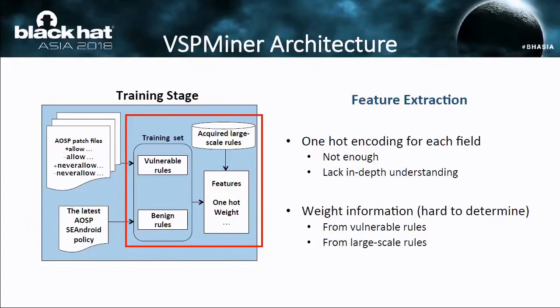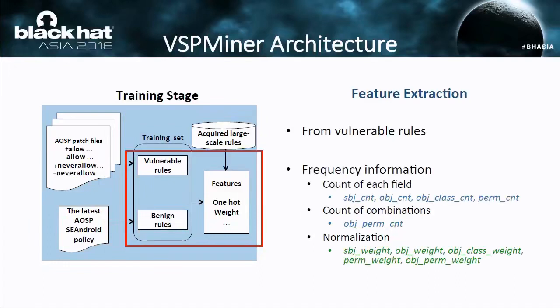Such weight information we acquire from both the vulnerable rules and the large-scale rules we acquire later, which we will explain later. So this is the weight information from the vulnerable rules. In fact, it's just frequency information, like the count of each field in the vulnerable rules, and we also take the count of the combinations.